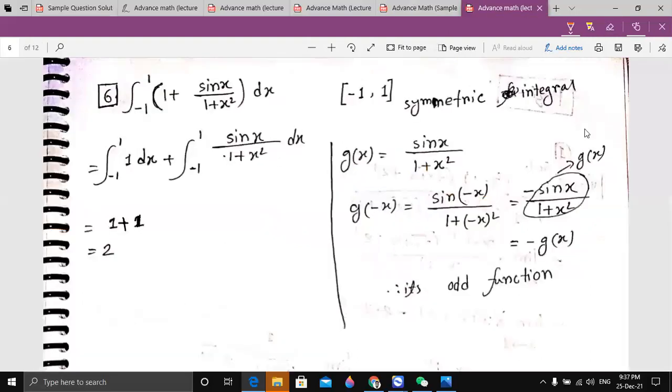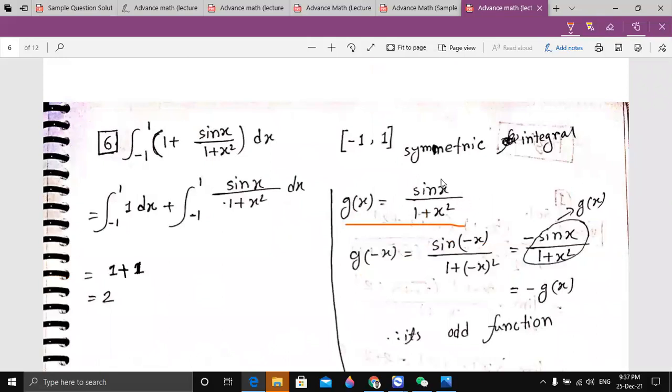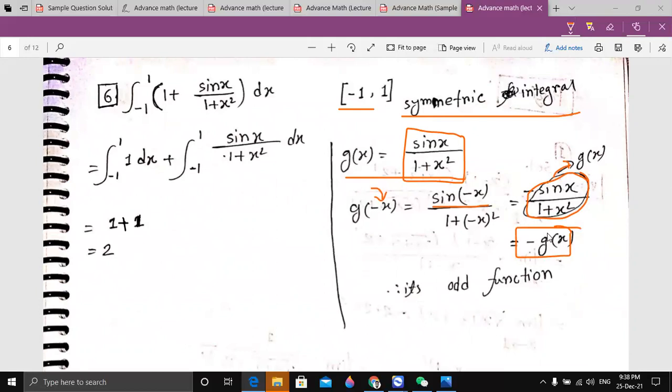So you see here, we had g of x is equal to sin x by 1 plus x square. So this is a symmetric integral, okay? So we have to find g of minus x. So g of minus x is minus g of x, okay? Because sin minus x we can write like minus sin x, and 1 plus minus x square we can write like 1 plus x square. So this part, sin x by 1 plus x square, is g of x, and this minus is here.